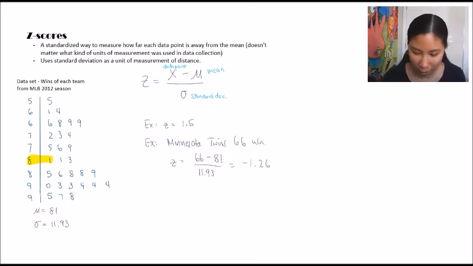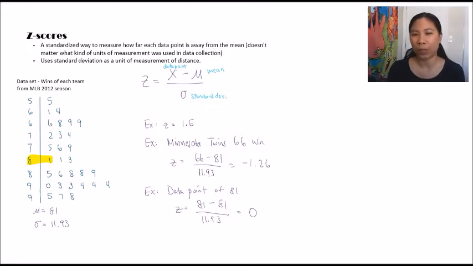But if they scored 81, when you do the z-score formula, you would have the x value of 81 minus the mean of 81 divided by the standard deviation gives you 0. So if your score was exactly the mean, then your z-score would be 0 because you are 0 standard deviations away from the mean because you fall exactly on the mean.